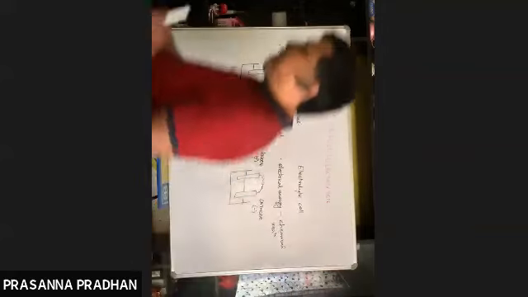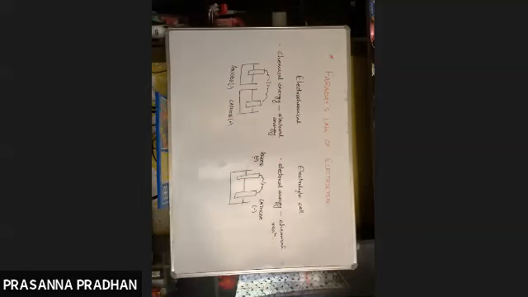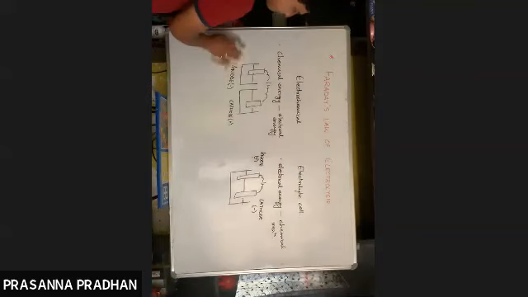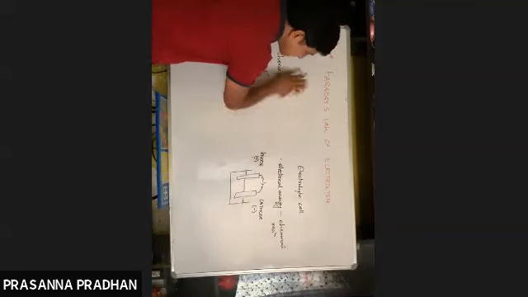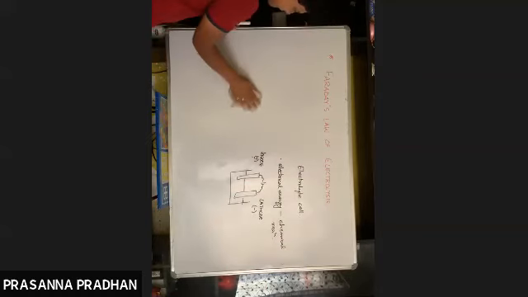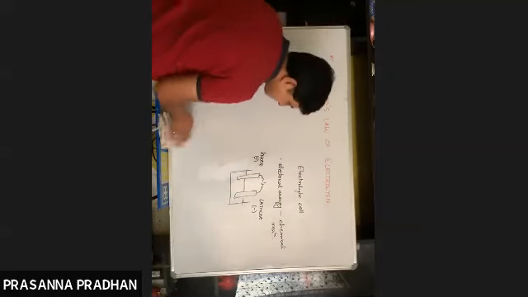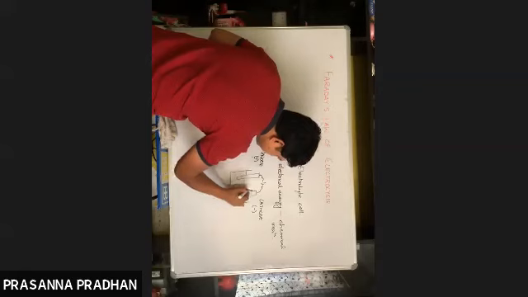Now, Faraday's law of electrolysis gives us the relationship between the amount of charge which is passed through the electrolyte and the amount of substance deposited at the electrode.